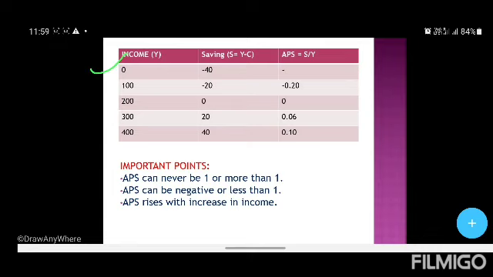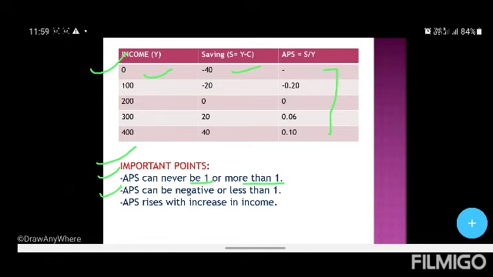Here in this table we can see the ratio between saving and income is average propensity to save. Important points here are that APS can never be 1 or more than 1. न ये 1 होगा, यूनिटरी होगा, ना ही ये more than 1 होगा. It will be less than 1.